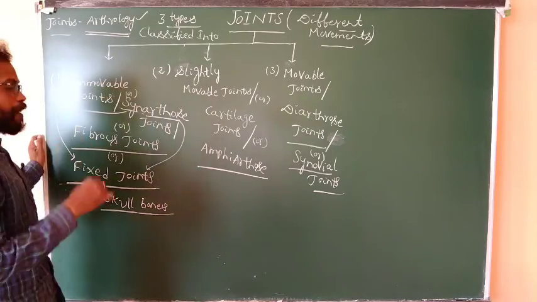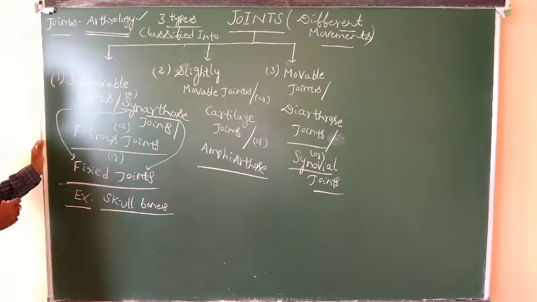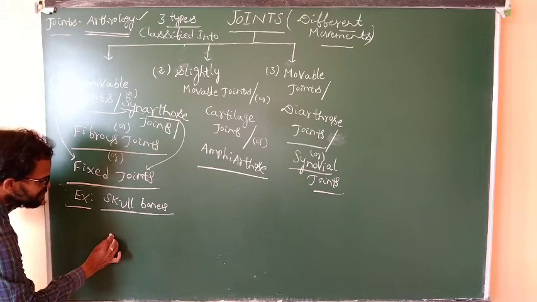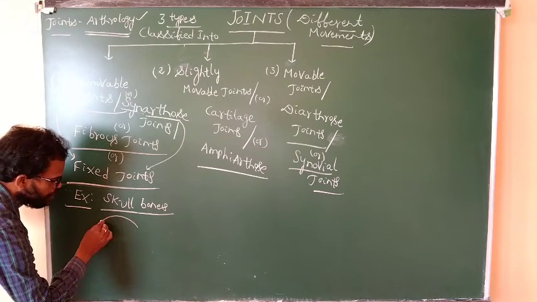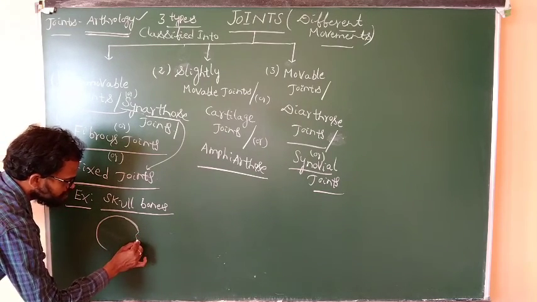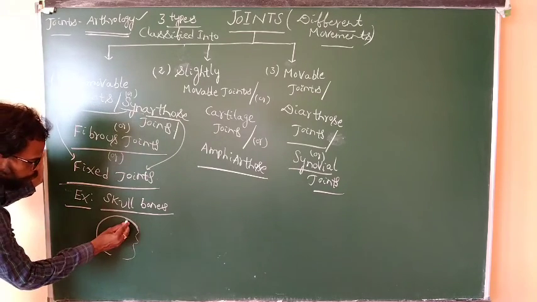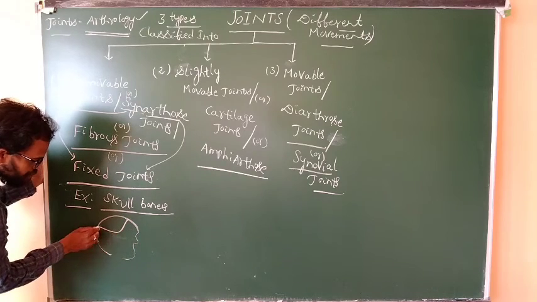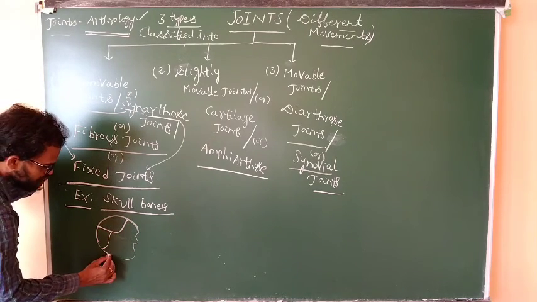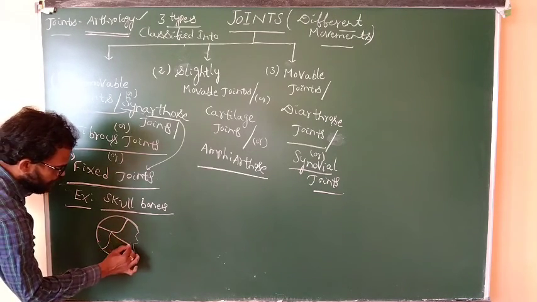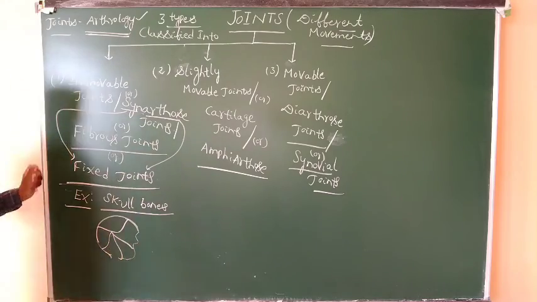See here, if you observe the skull bones, they are immovable joints. One skull bone is joined with other skull bones.